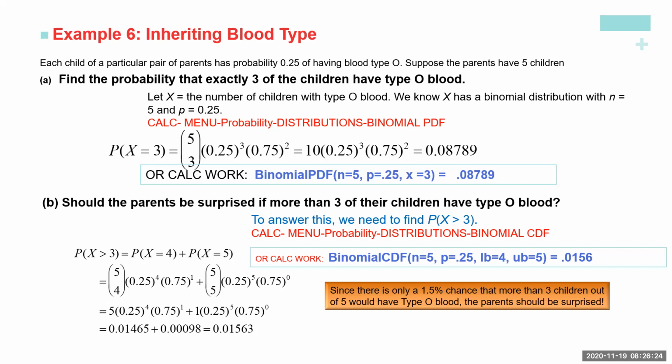Notice we get the same answer. So you either have to show the actual equation work, or to show work for the calculator you can say calc, binomial PDF, with everything the calculator asks for: n equals 5, p equals 0.25, x equals 3. That gives us a probability of about 8.8%.